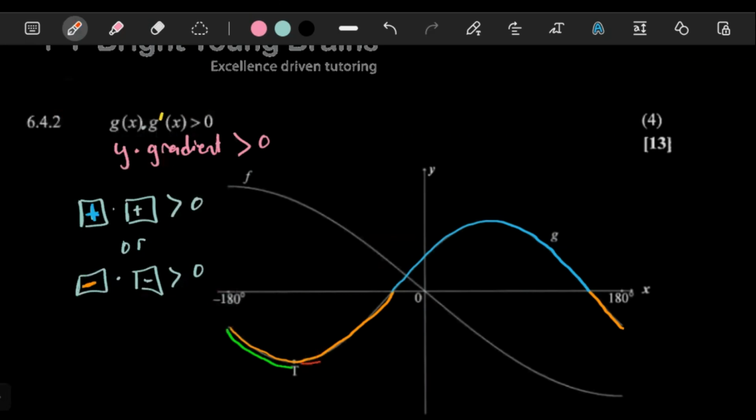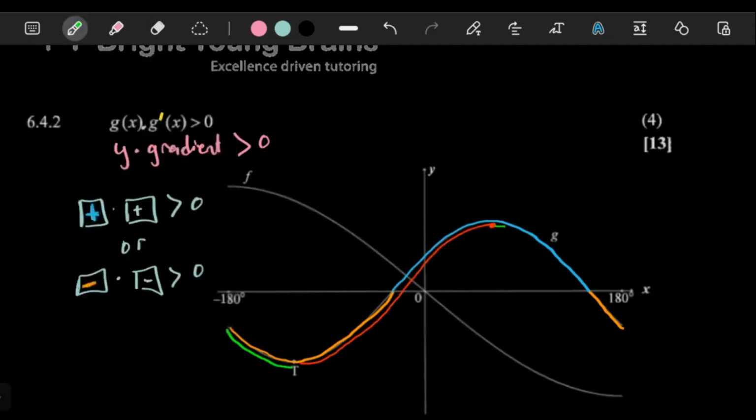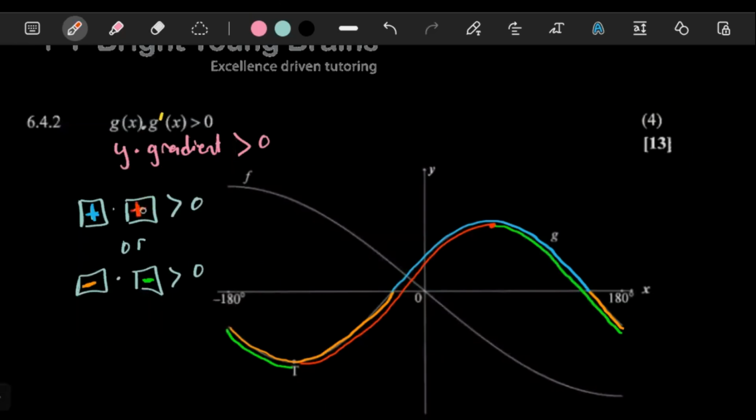So from here going all the way up there, the gradient is positive, you see? And once you reach the turning point, you would be going down again. So this is where the gradient would be negative as well. So for the green, that's the part where you have a negative gradient, and the red is where you have a positive gradient.